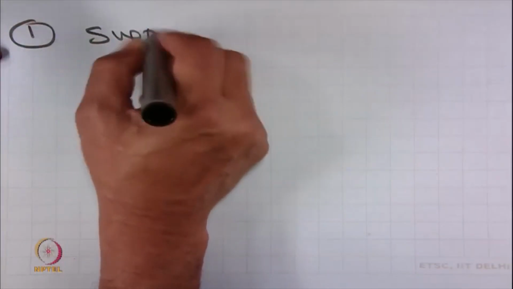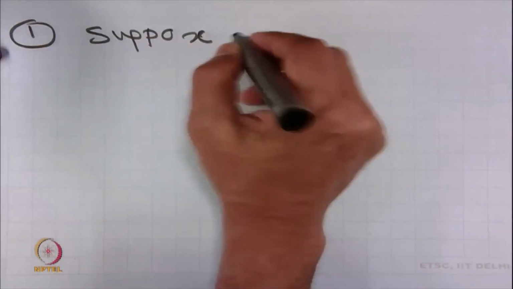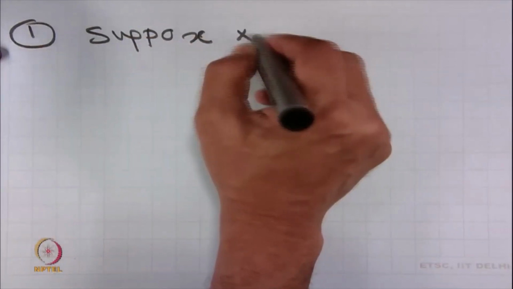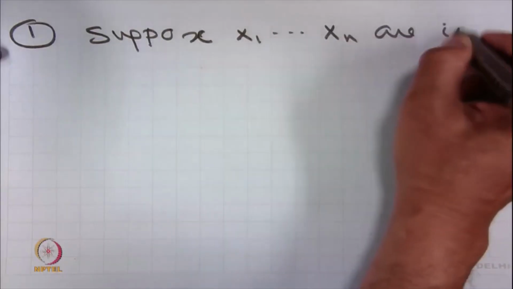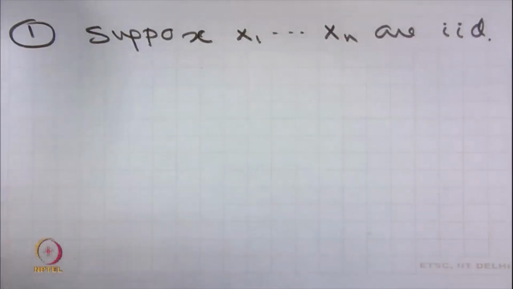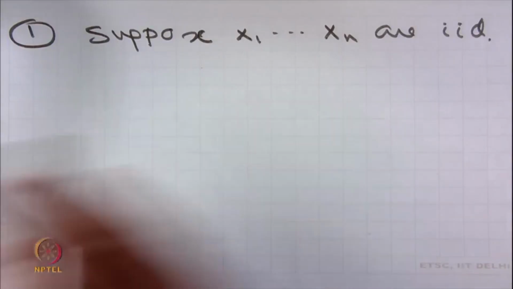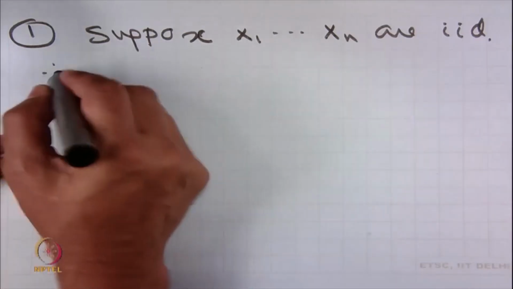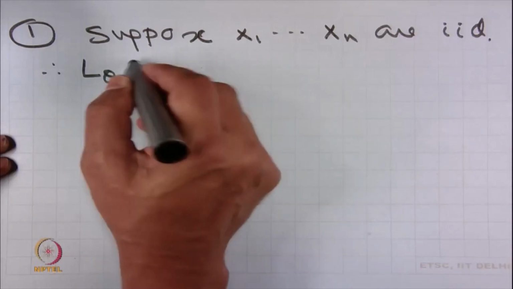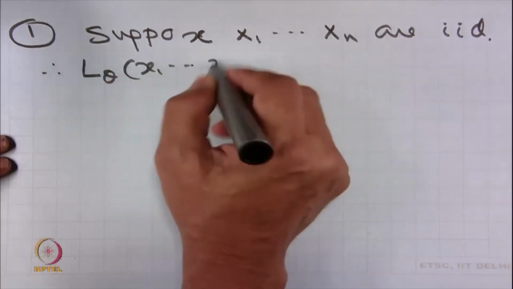Suppose x1, x2, xn are I, I, D. That means they are independent and identically distributed. Therefore, what is L theta of x1, x2, xn?